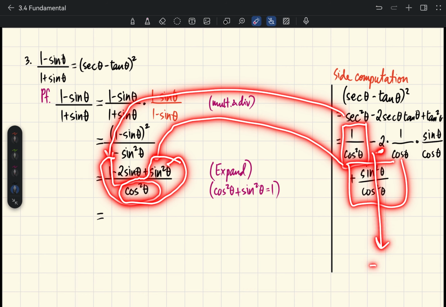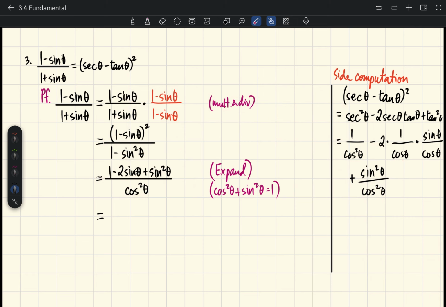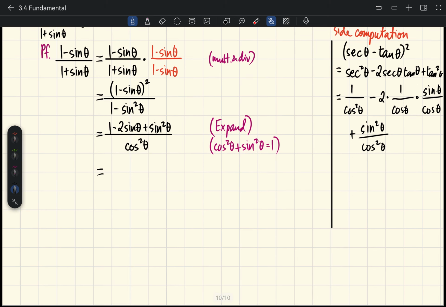That one is just minus 2 times sine theta over cosine squared theta, which is exactly this one right here. So by our side computation, it is suggested that we split our fraction into sums and differences. So we have 1 over cos squared theta minus 2 times sine theta over cosine squared theta plus sine squared theta over cos squared theta.